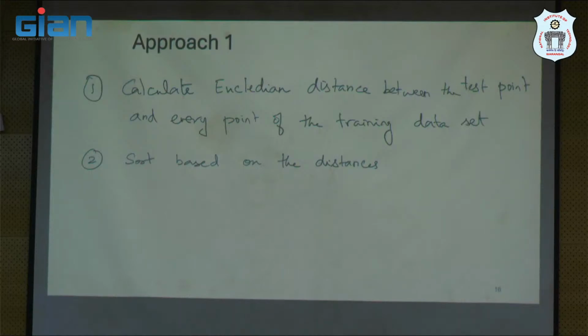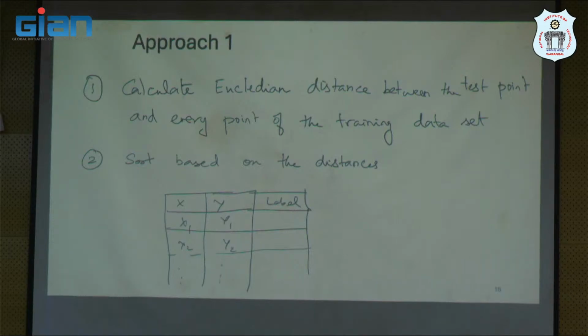So imagine, just for clarity, we initially had feature vector x, y, label, right? So x1, x2 like that, y1, y2 like that. And the label will be either healthy or faulty. It doesn't really matter for us.